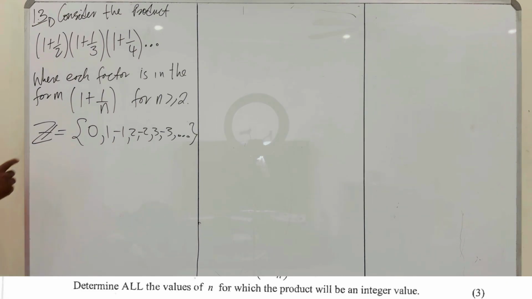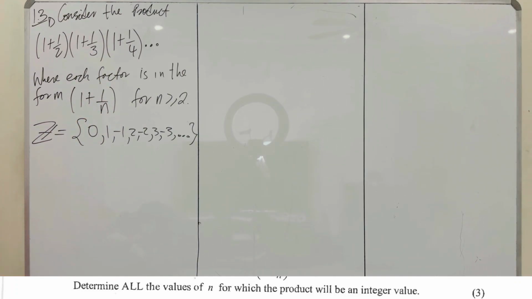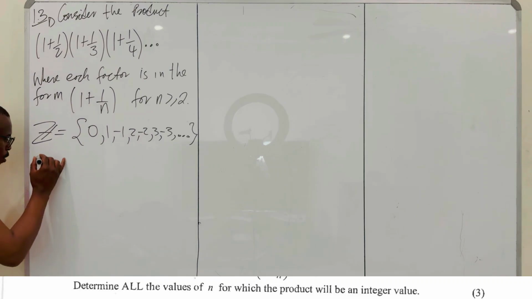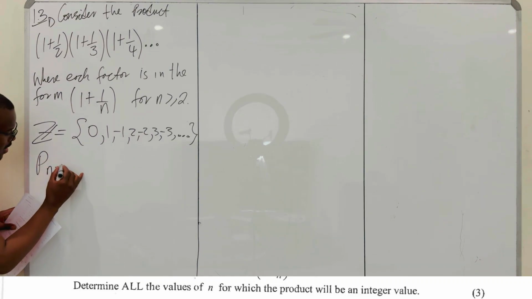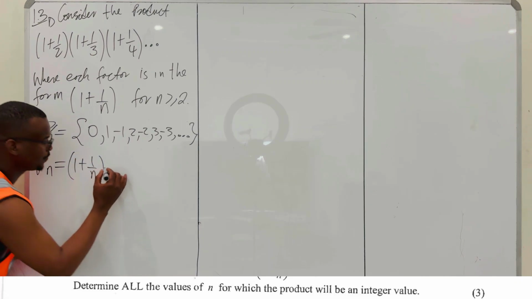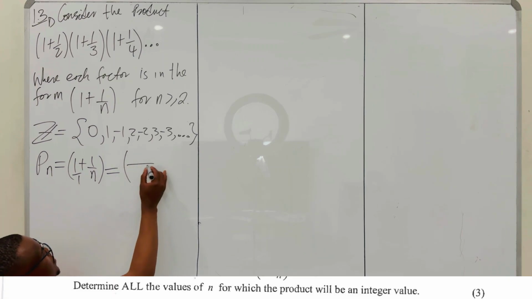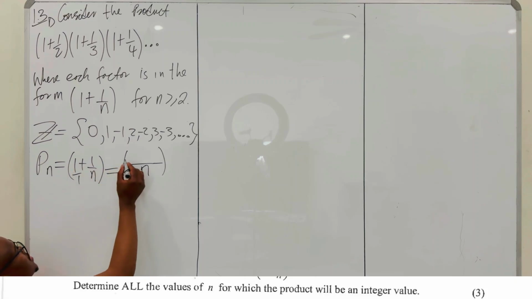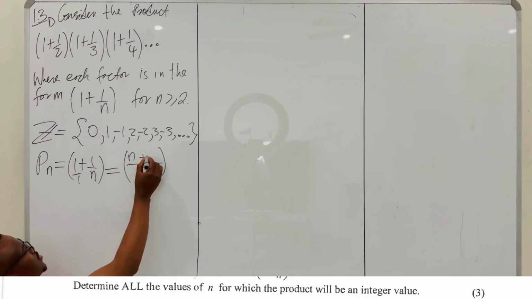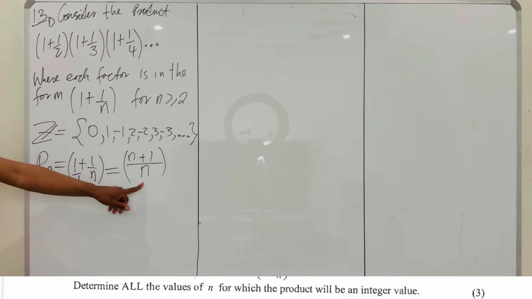So they're saying each of these factors is in this form. So let's simplify this. Let's call it Pn, which is the product up to n. Each factor is 1 plus 1 over n. If you simplify this, it is over n, then you cross multiply: n times 1 plus 1. So your Pn, which is the product of your factors, is defined by that.